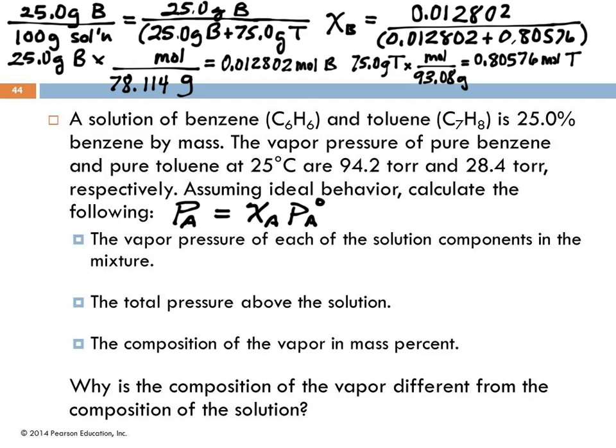Okay. Yes? For the moles, it's 25 grams over 78 grams. Mm-hmm. That you have 0.32 for that. Oh, did I do that wrong? 25 divided by 78.115. Yes. Okay. Thank you.